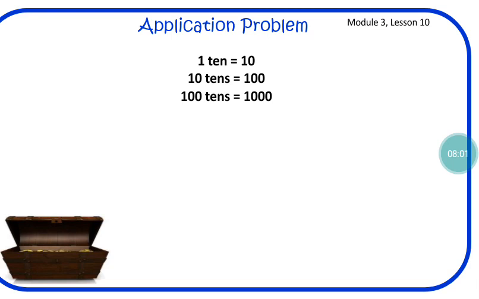So since 10 tens is 100, 100 tens will now be 1,000. So Jerry has 100 $10 bills to make 1,000. Did you see it? Very good.